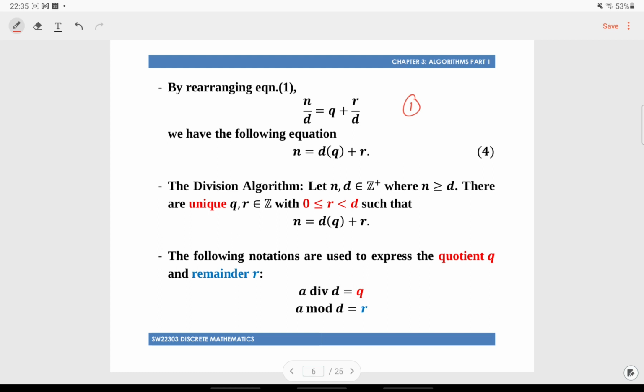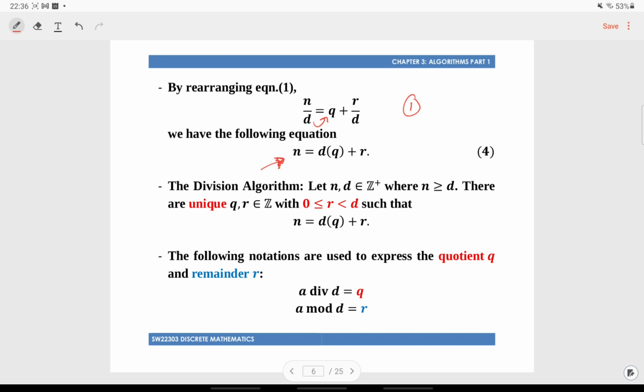We take d to the right hand side. So it becomes n equal to dq plus r. When we take d to the right hand side, we obtain equation number 4.